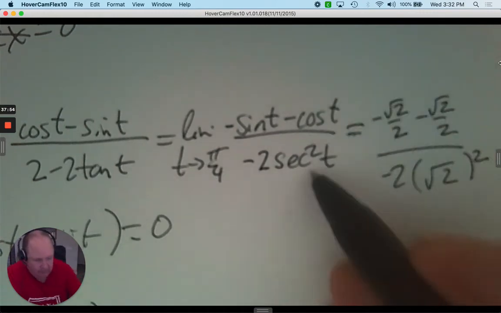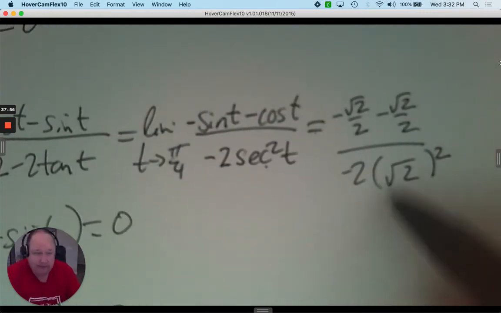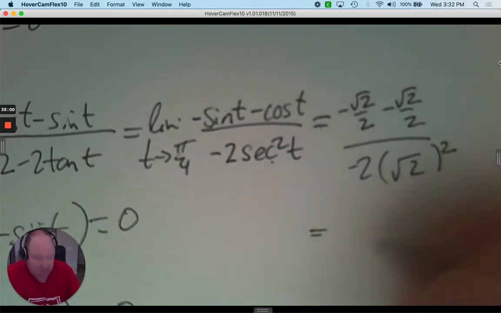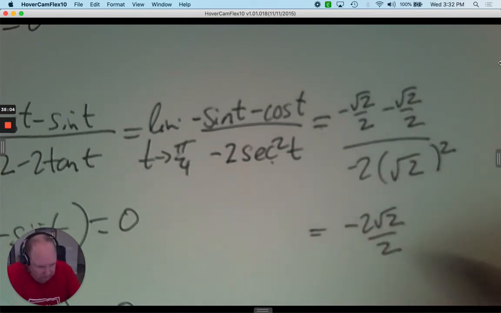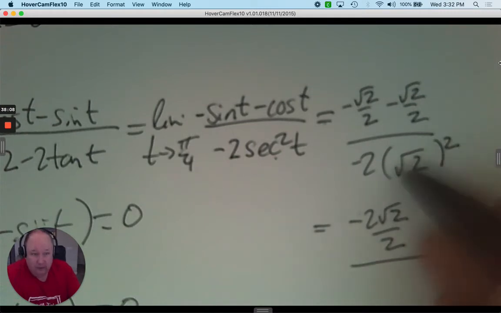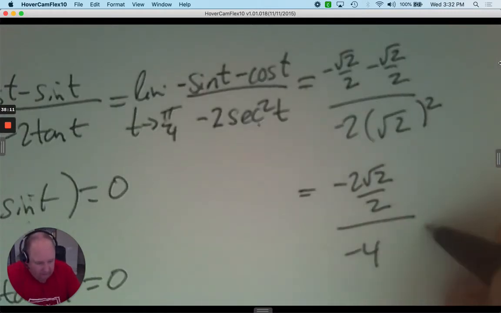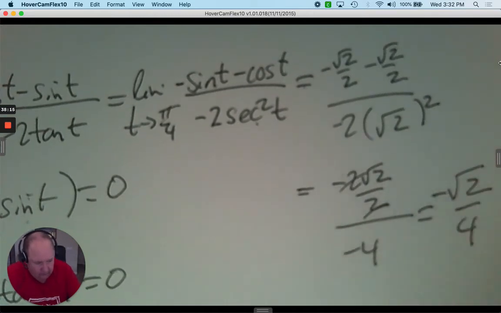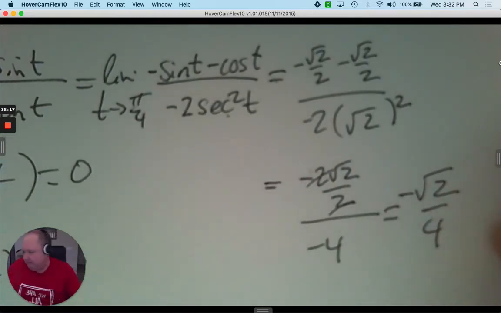That's the value of secant at pi over 4 is root 2, and then you're going to square it. So let's see if we can have an understanding of this. So this is negative 2 root 2 over 2. This is root 2 squared, which is 2 times negative 2, which is negative 4. The 2's divide out, and I get negative root 2 over 4 as the value of that limit.